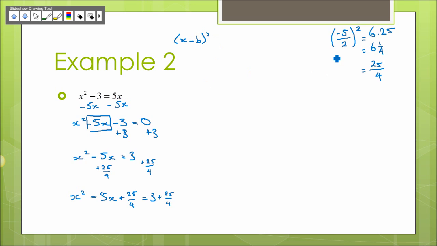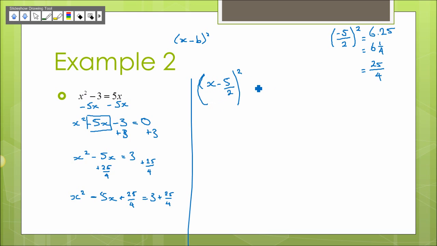And second of all, if we have a look inside the brackets here, that's just the number that's going to be our b. So that means our factorization is going to be x minus 5 over 2 squared.